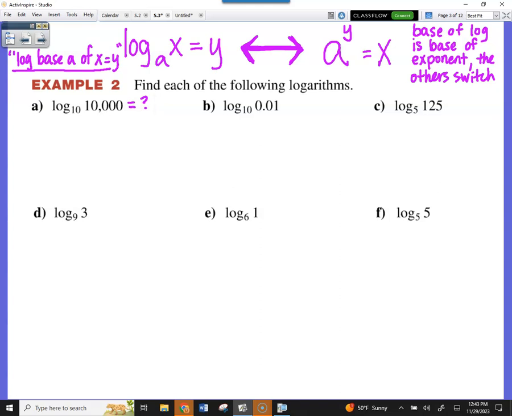What's the base of the log? 10. The other two switch, and that one bumps to the exponent. And then I say to myself, 10 to what power would give me 10,000? 4. So that's how I can do it in my head. So that's why the answer is 4.